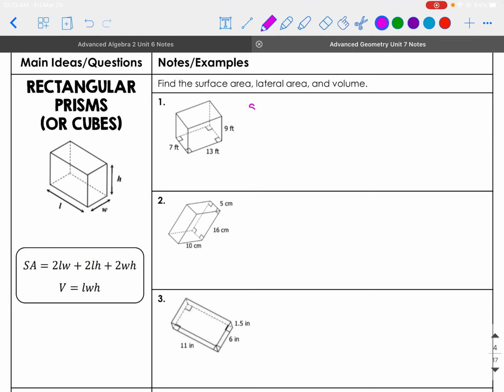So in this one, number 1, the surface area is 2 times my length of 13 times my width of 7, plus 2 times my length of 13 times my height of 9, plus 2 times my width of 7 times my height of 9.